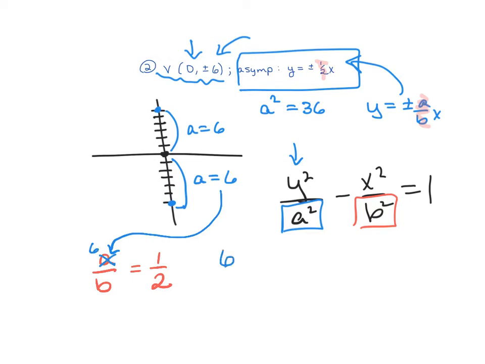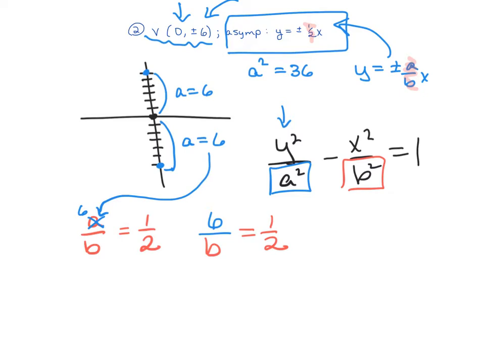So now the proportion that I'm going to solve is 6 over b is equal to 1/2. Now, you could probably see that denominator without even solving the proportion is going to be a 12. But let's go ahead and solve it appropriately. 6 times 2, b times 1.